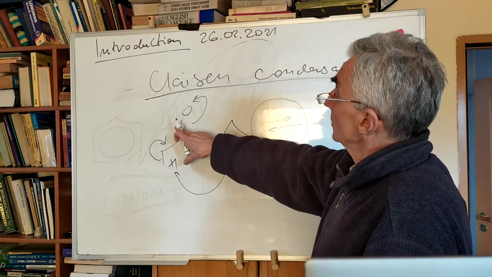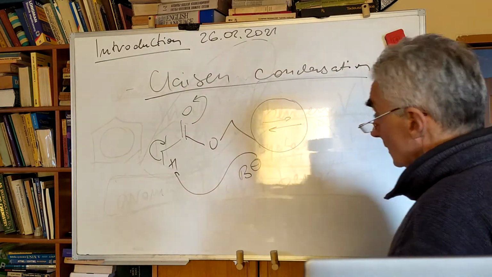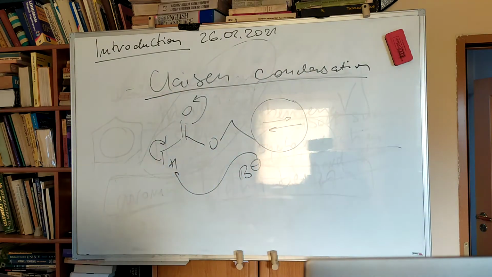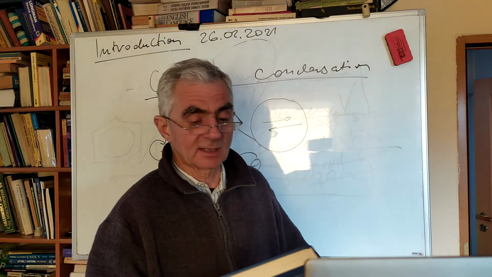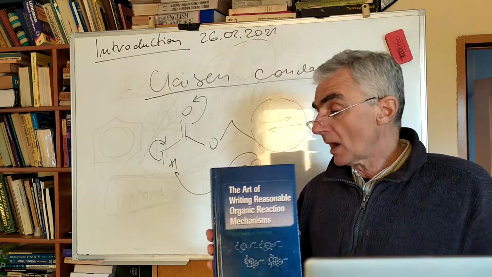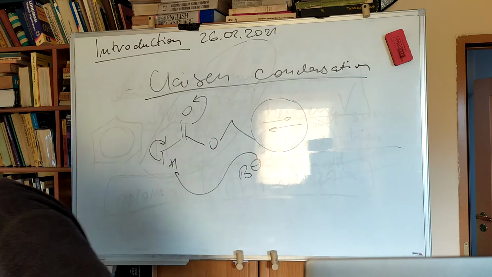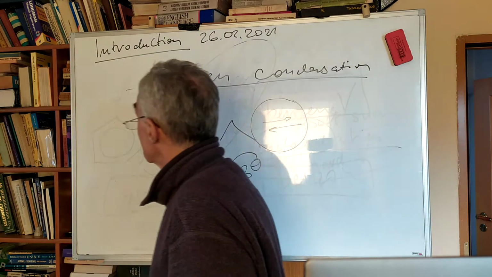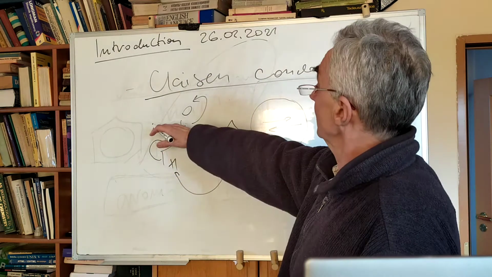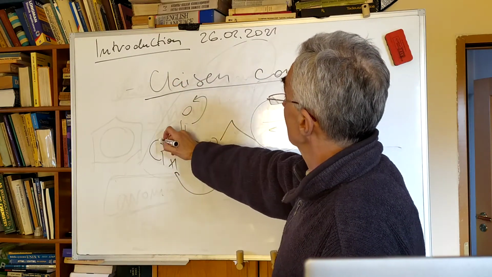So it is also the way that we are trying to write the mechanism today, and that's a book on that. I have it here if someone is interested. The writing of reasonable organic reaction mechanisms, or in March you can also find that notation, whose name is push and pull. Push, so we are pushing everything here, this arrow, this arrow, this arrow.